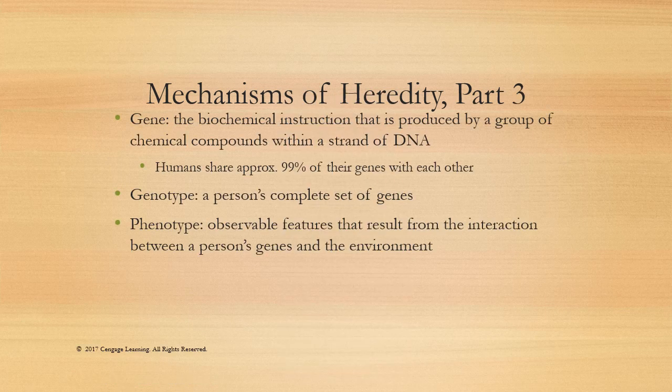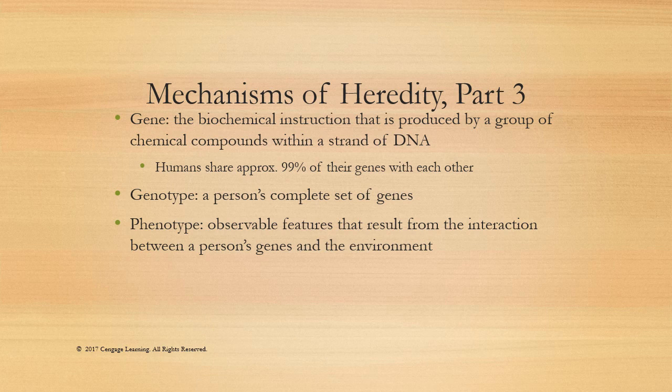So let's review the gene, and then we're going to group genes into 2 different types. I know I'm going over this a lot, but it's really important to understand so that you don't get lost in all the confusion of it. Remember, a gene is the biochemical instructions, the recipe produced by a group of chemical compounds, that ACGT, within a strand of DNA.